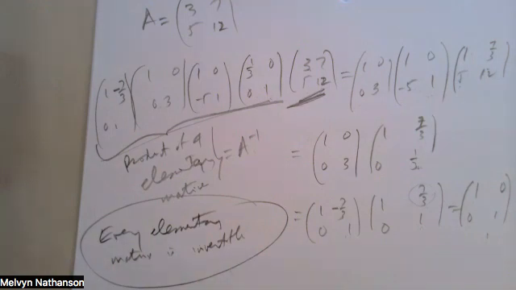If you multiply a row by a non-zero number C, then if you multiply that same row by the non-zero number 1 over C, C times 1 over C is 1, you're back where you started. If you add C times a row to another row, then if you add minus C times that row to your new row, you cancel the first operation, you're back where you started.